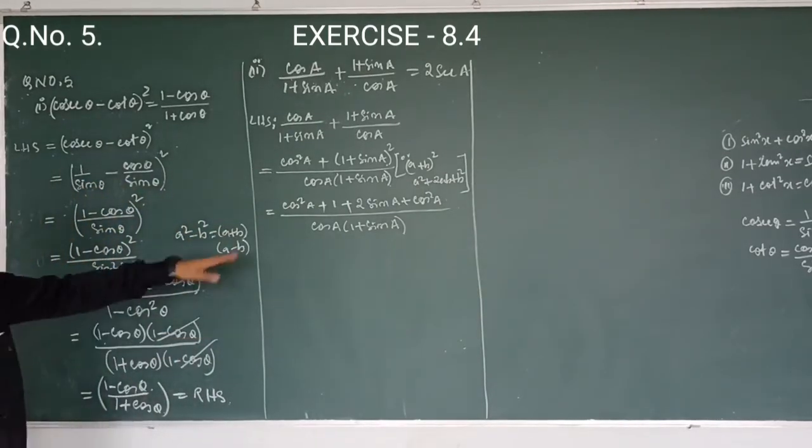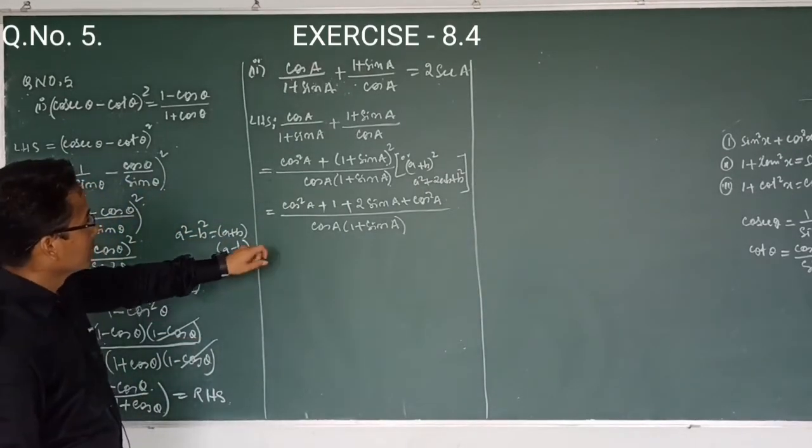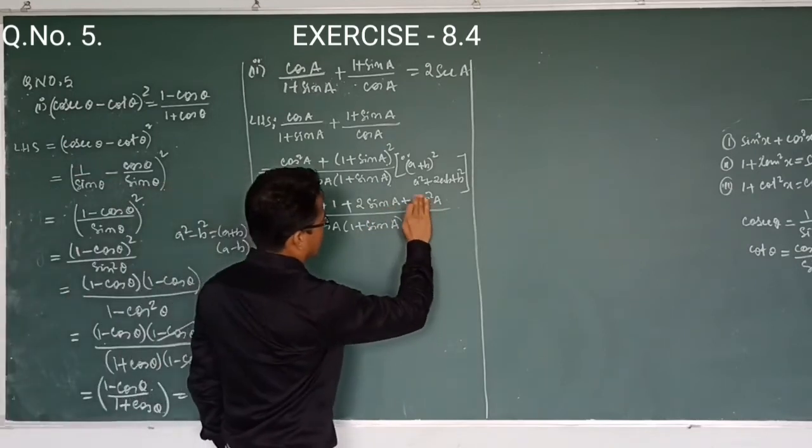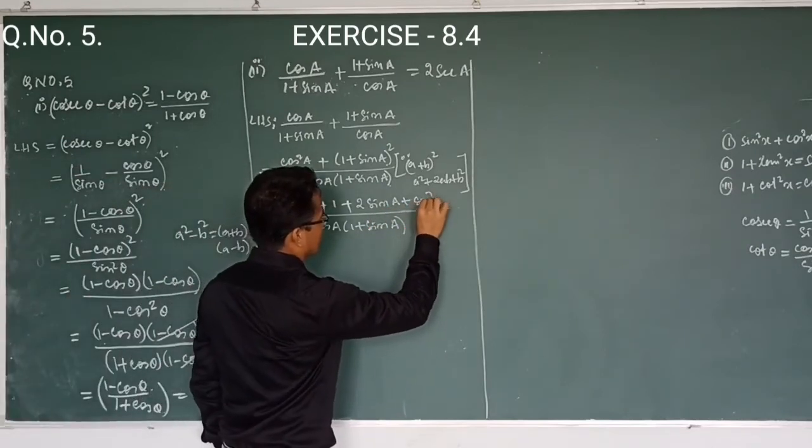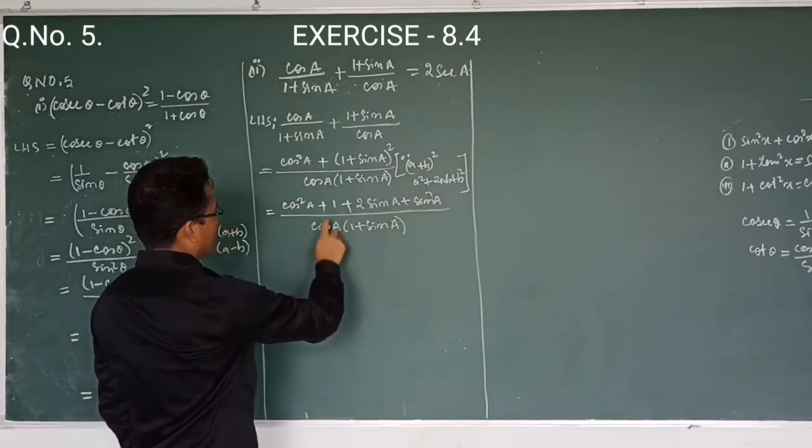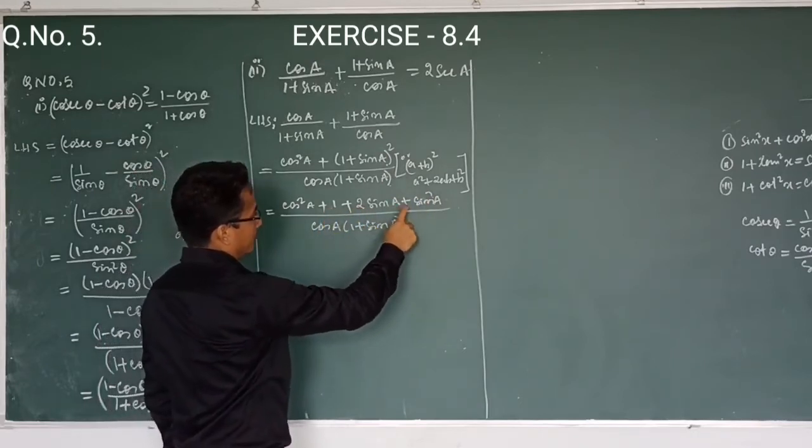Now we use our property. So this is not cos, this is sin square A. So A square plus 2AB plus B square.